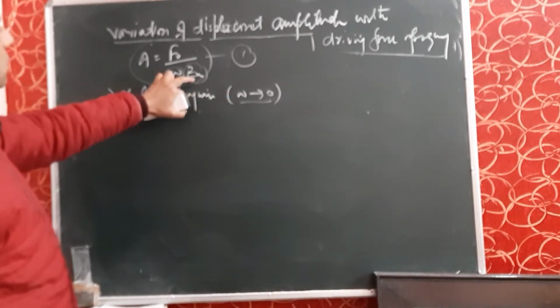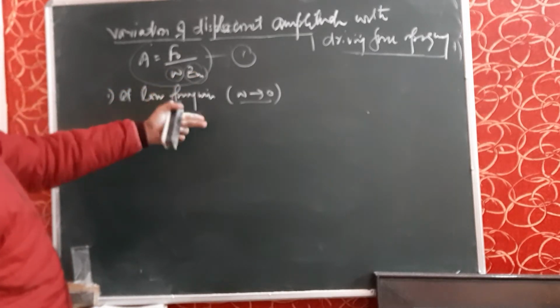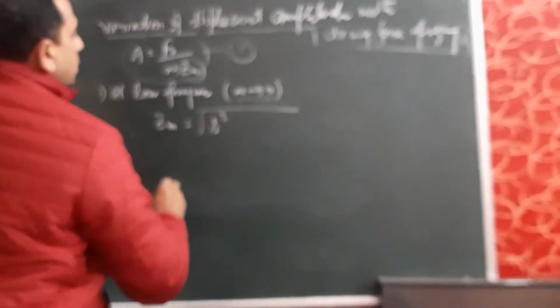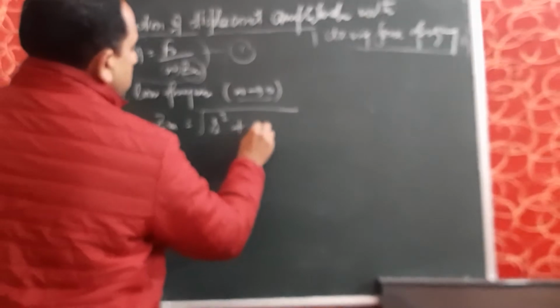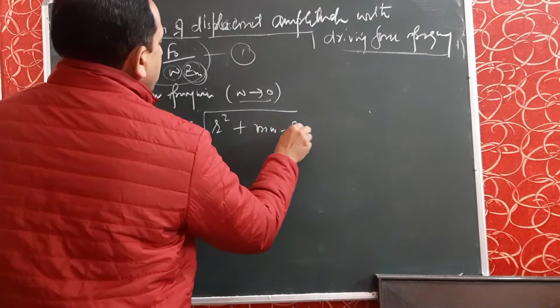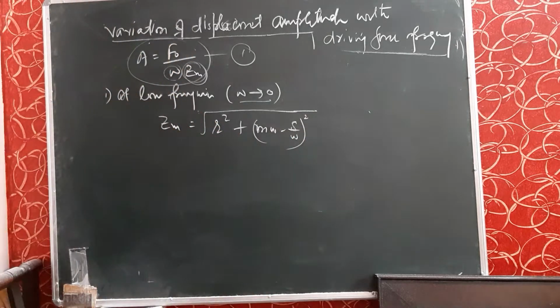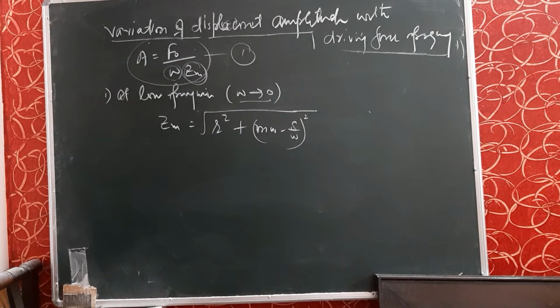Then after that, we will put the values of omega and Zm here and find A. So, what is Zm? It is the square root of R squared plus (m omega minus s by omega) whole squared.